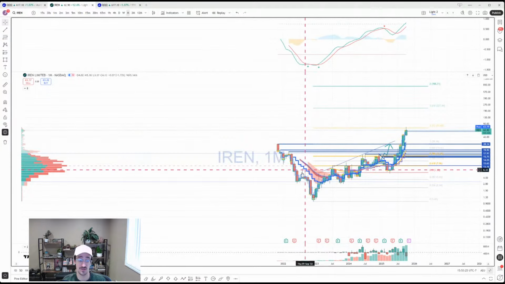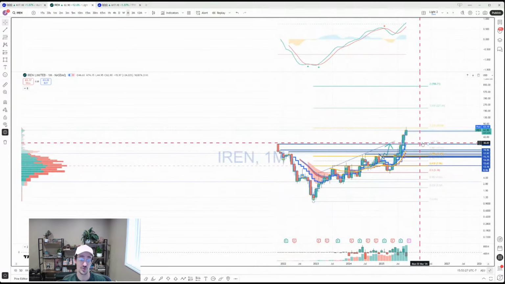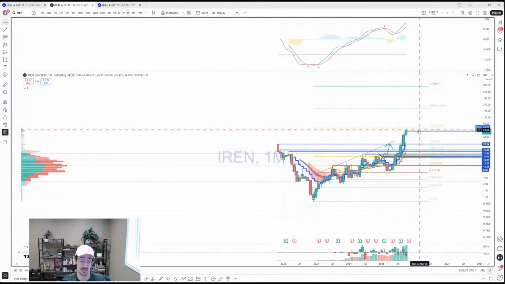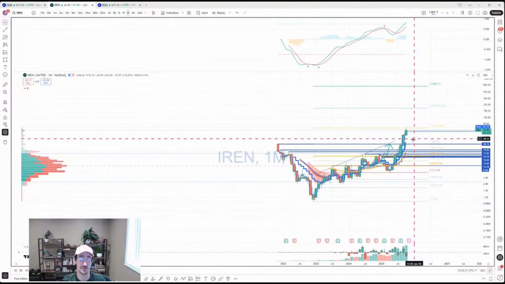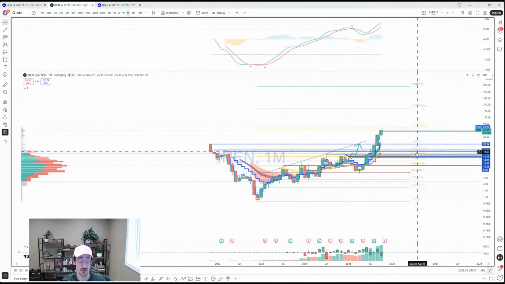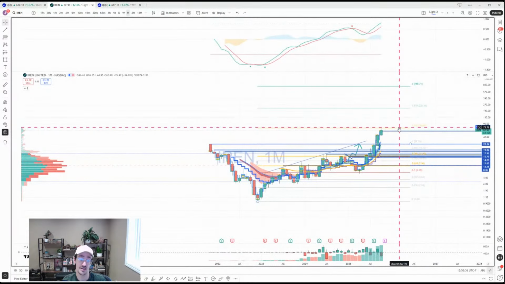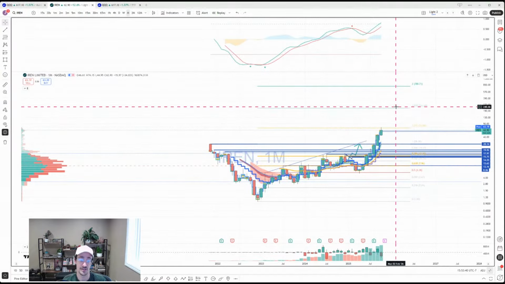And if it's not ready to break out, it'll reject here. We saw a bloody nose here, just a little bloody nose, and we saw reaccumulation off of the daily trigger. All signs are still go for at least another test, and very, very likely a break and a surge higher, and an eventual move to the 1.6.